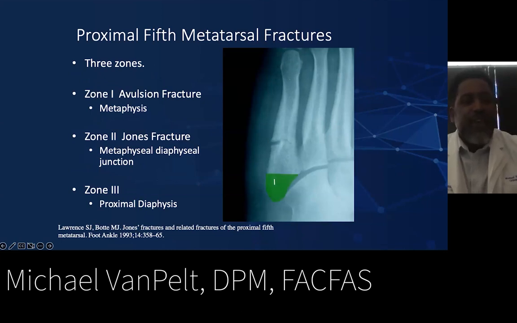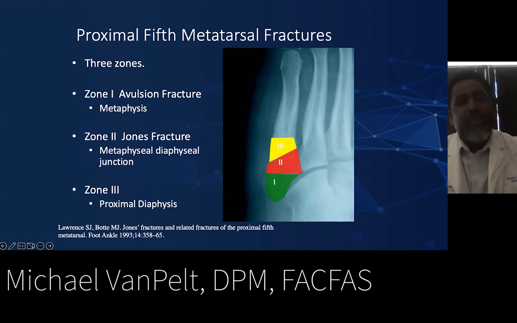Zone 2 fractures are typically the true Jones fracture. That's at the metadiaphyseal junction. Usually these fractures will go into the articulation between the fourth and fifth metatarsal. And then you will have the proximal diaphyseal fracture, which, like I said, is often from chronic repetitive stress, but can also occur acutely.